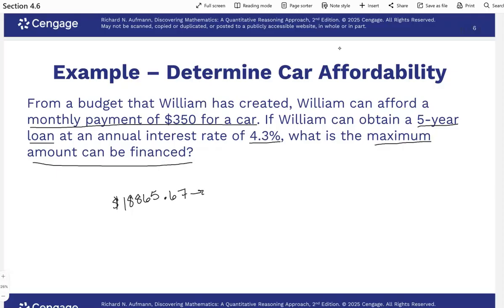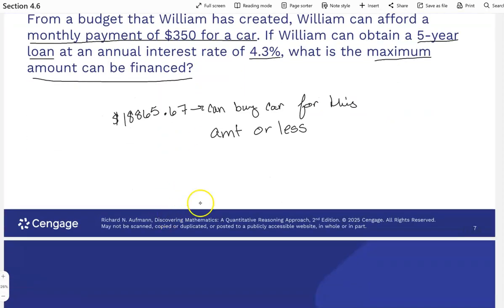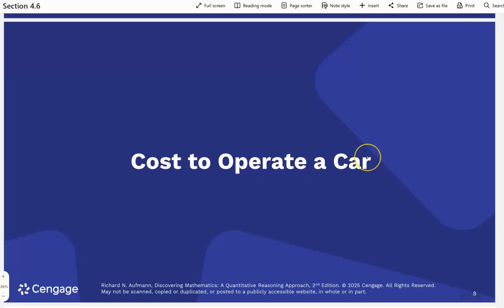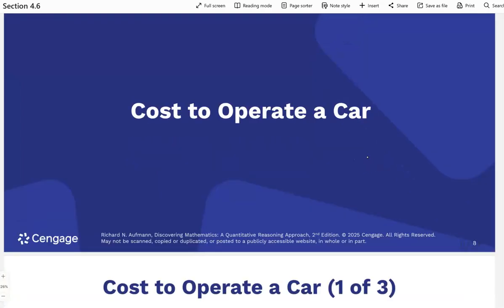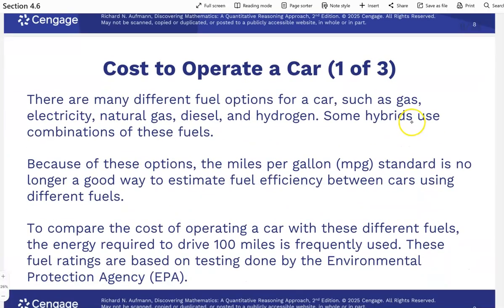So with this information, this is how much car he can afford. If he bought something that was less, then his monthly payment would actually end up being less. But that's the maximum. So when we own a car, now we have to think about all of the things that are necessary to operate a car.